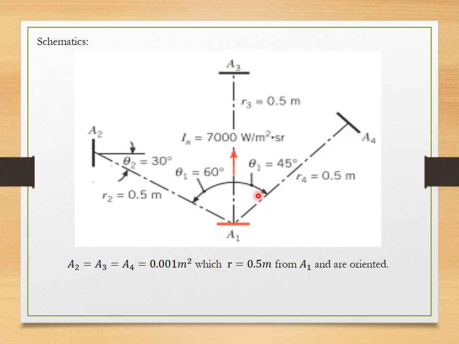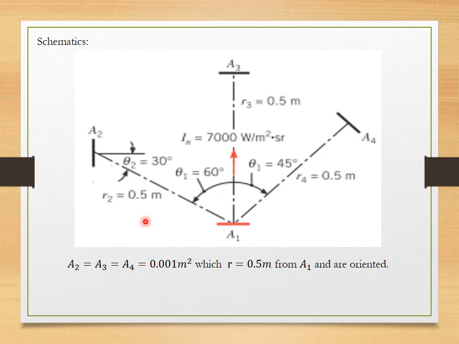A4 is at 45 degrees, facing A1, and then A2 has an angle of 60 degrees from A1 from these references. Okay, so that is the information.